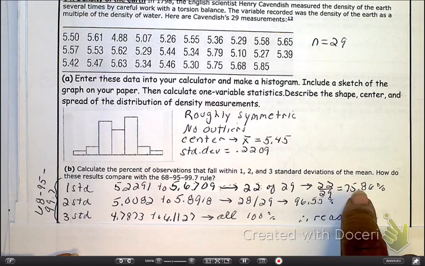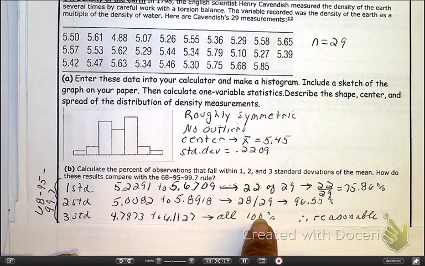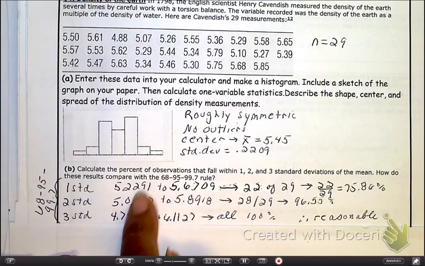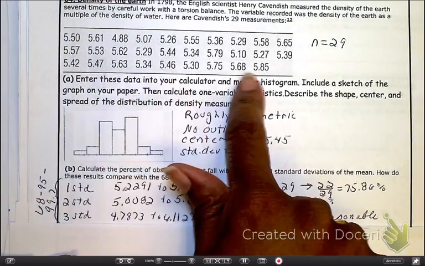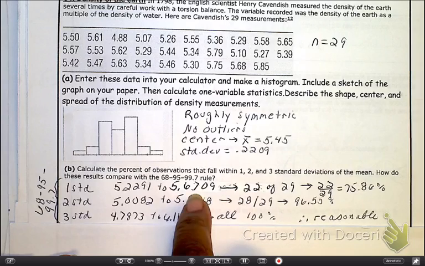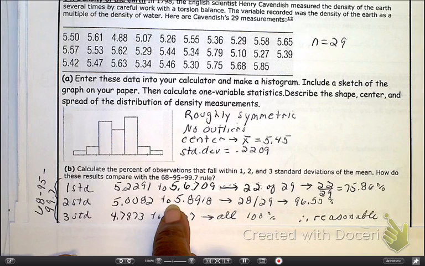Okay, so with the idea of the 68, 95, 99.7, and I know I'm pointing to numbers, those aren't the values, but this is the idea. These are the values that I came up with. Here is the actual raw data, and we're saying that one standard deviation, the middle 68%, it is reasonable for the middle 75%. This is even more reasonable right here.